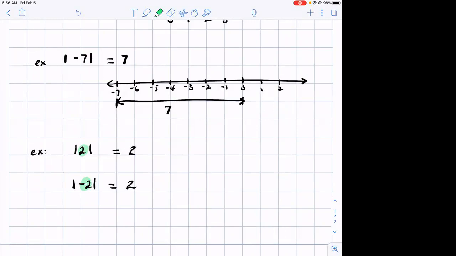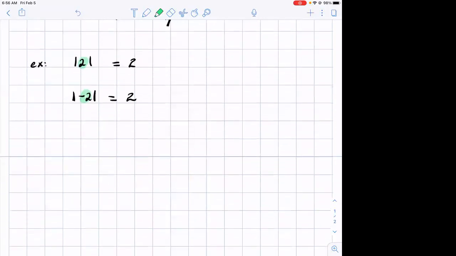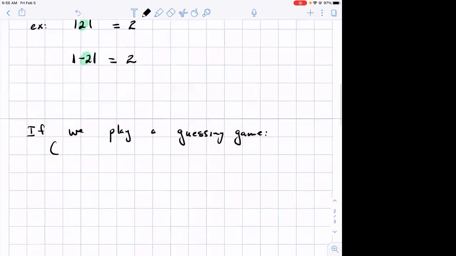And interestingly enough, sometimes we can look at equations and basically guess what the result is. So we play a guessing game: guess the answer.